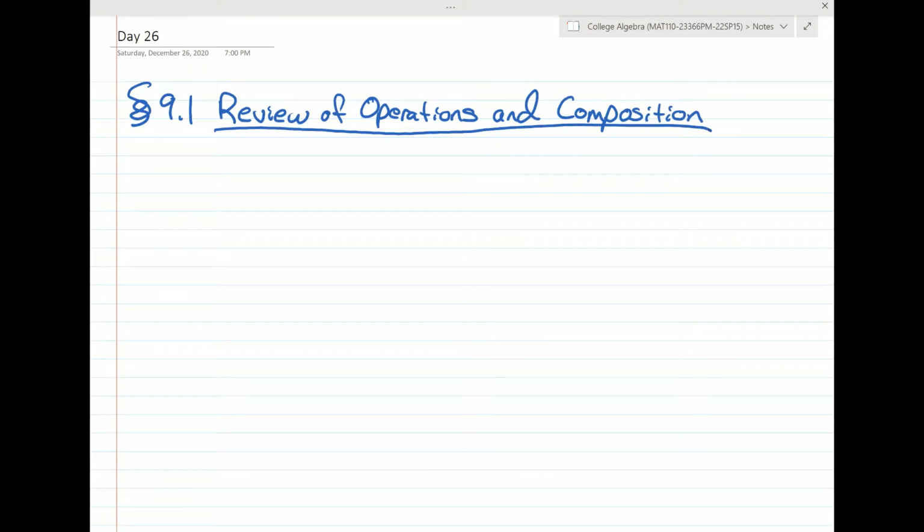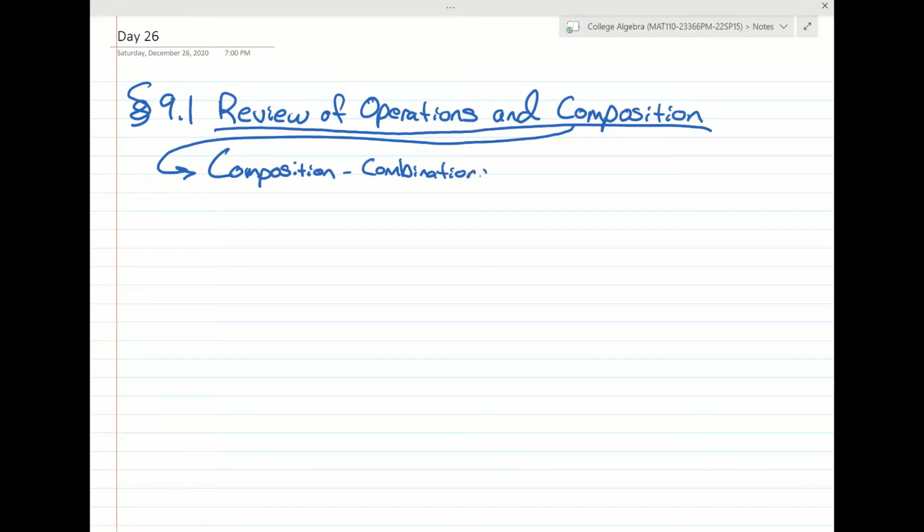What does composition mean in the title? Composition just means combinations of function operations.